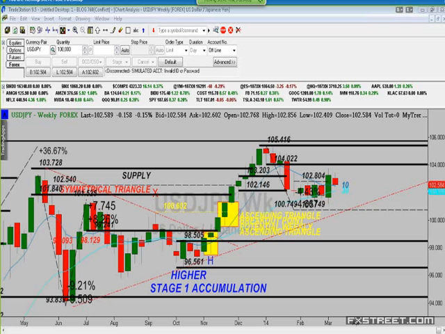So something that's really critical to what we teach and how we teach is make sure you have a profit margin every time you get ready to take a trade, and try to buy your demand levels as far away from supply as possible, and try to sell your supply levels as far away from your demand zones as possible too.